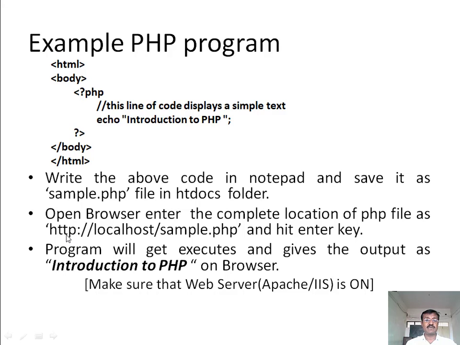So this is the scheme, as I already explained, the HTTP scheme, followed by localhost. Localhost is nothing but the root of the server where we have stored our scripts, followed by the name of the script. So here I have mentioned that the name of the script is sample.php. So this entire thing is your URL, that is, the uniform resource locator.